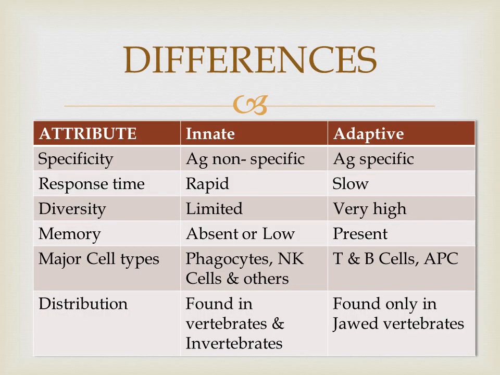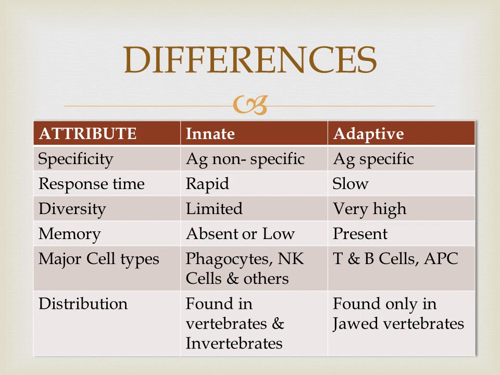Now here come the differences between innate and adaptive. I have always told that innate is the primary barrier which protects our body from infection. It is non-specific, not specific for any particular antigen, whereas adaptive is very specific.